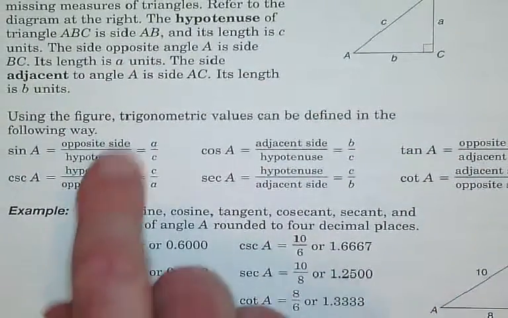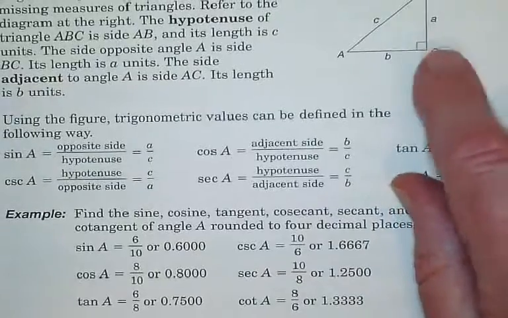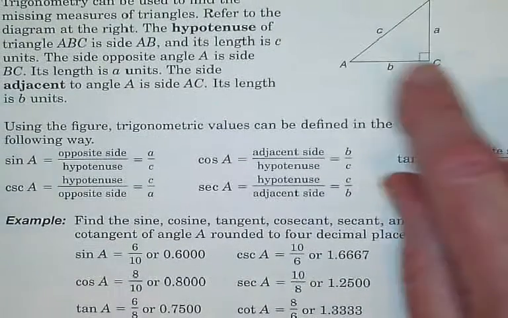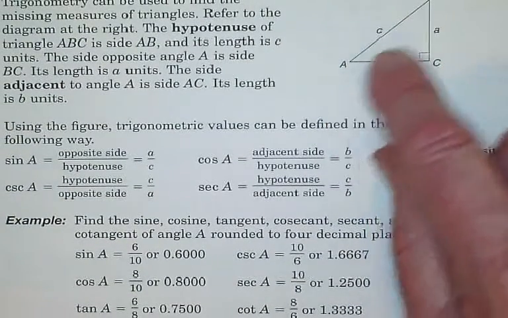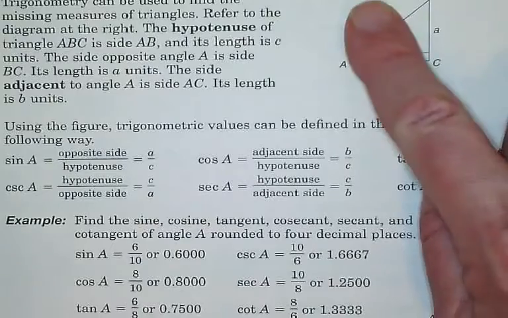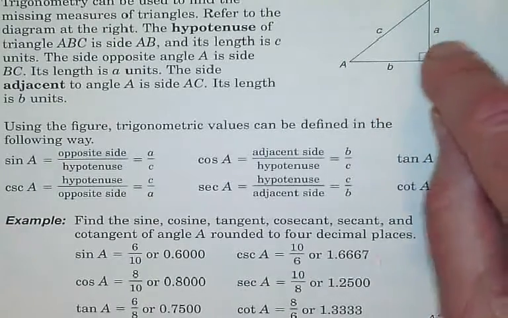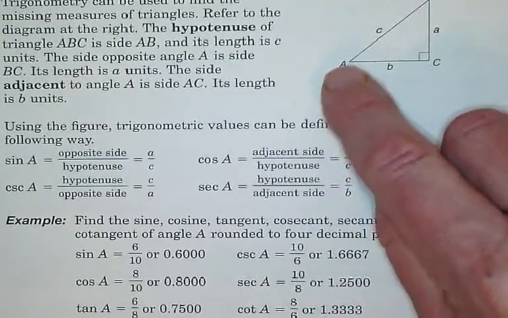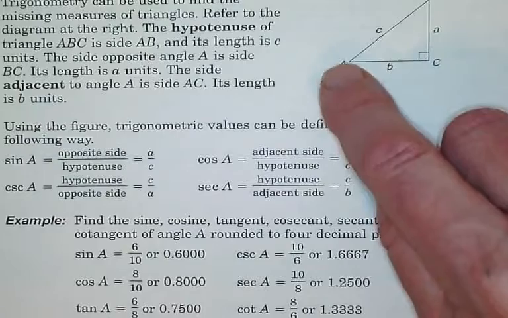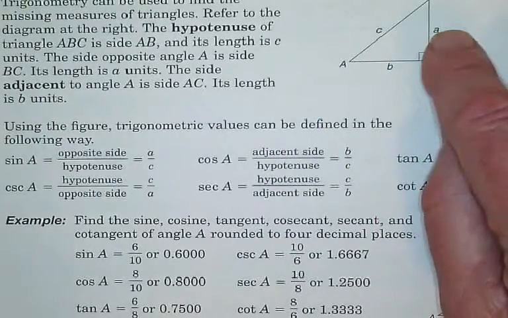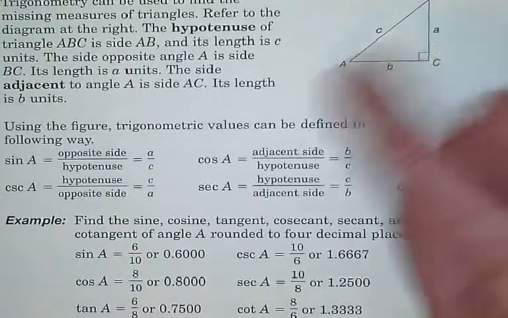So according to this triangle, the sine of angle A would be opposite over hypotenuse. Notice that if you have a capital A as your corner, that's your angle, then lowercase a is the side opposite.